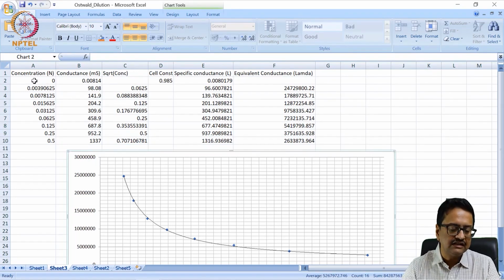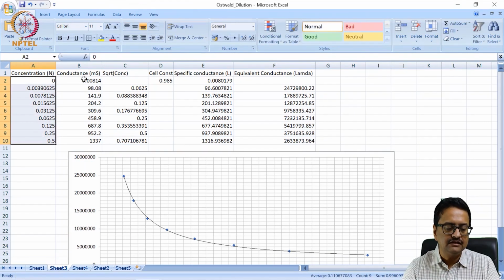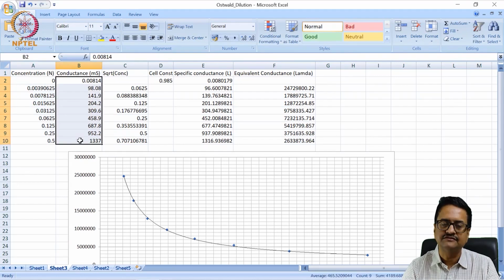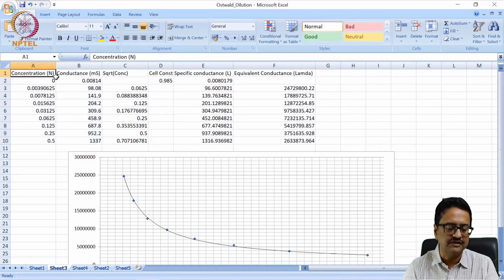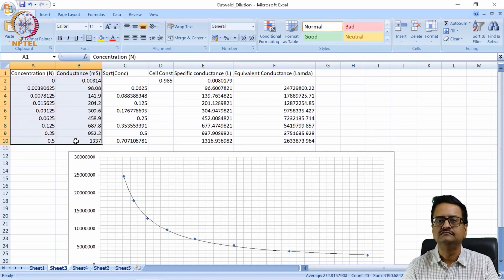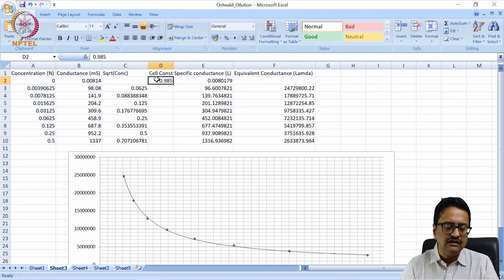What I have done here is, this is the concentration in normality, and these are the conductance values that we measured during the experiment. So this is our experimental data. And if you remember, we determined the cell constant to be about 0.985, if I am not very much wrong.